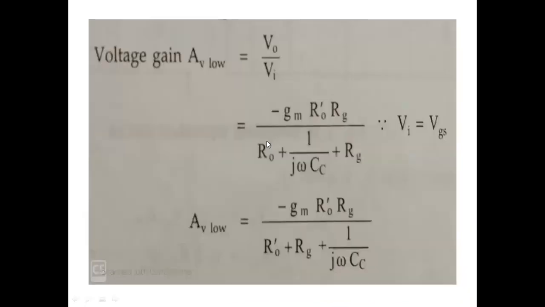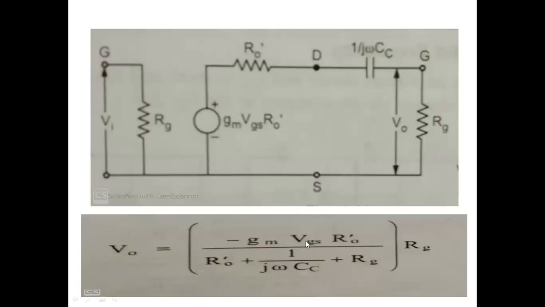And we know Vgs is Vi. Just substitute Vi in place of Vgs. Then we get V naught equal to minus Gm Vi R naught dash into Rg, divided by R naught dash plus 1 by j omega Cc plus Rg.